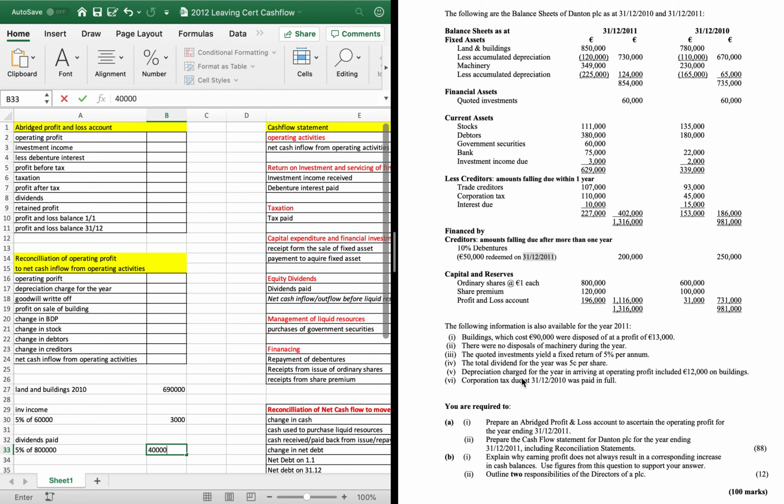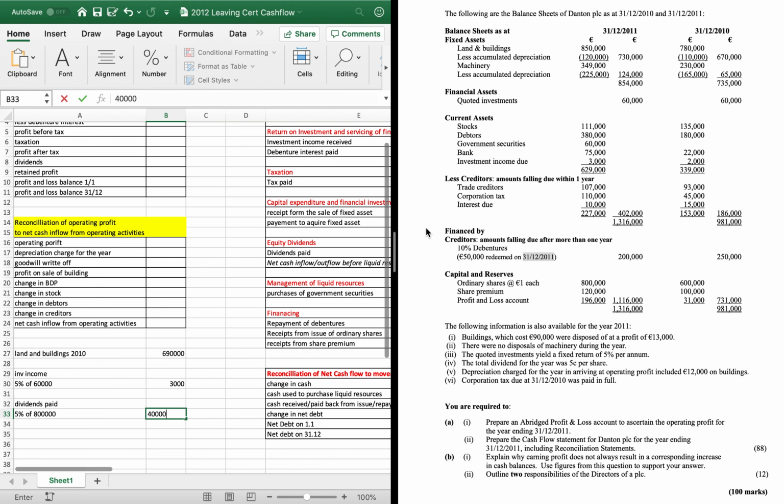Now, depreciation charge for the year arriving at operating profit included 12,000 on buildings. So that's giving you a clue as to how to work out what the depreciation on the buildings was. That's going to be important. So last year was 110,000, and this year's is 120.